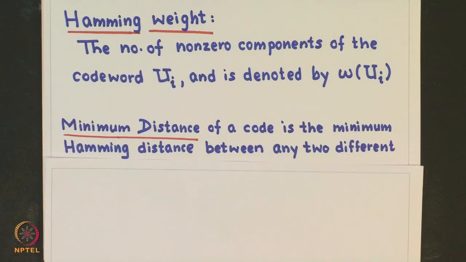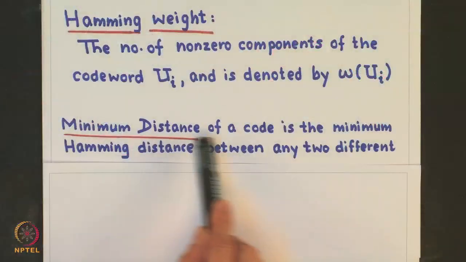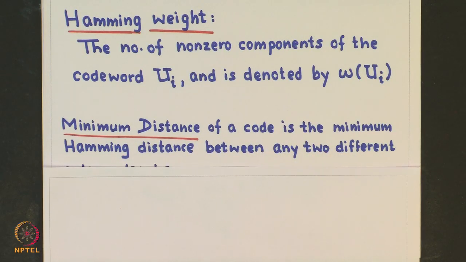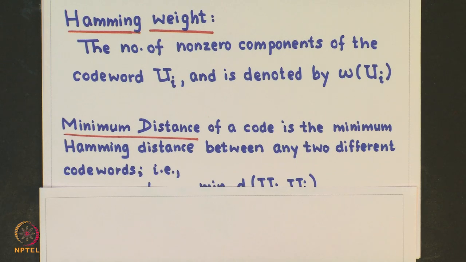There is a concept of minimum distance of a code. A code consists of a set of code words corresponding to the set of message vectors. So, the minimum distance of a code is the minimum Hamming distance between any two different code words in the code.